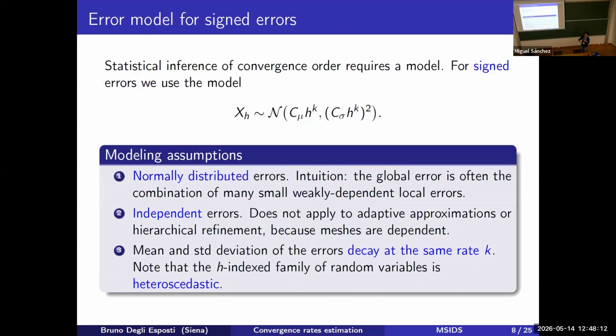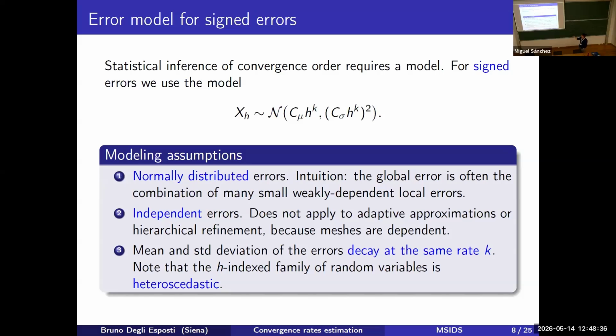Okay, but then we would get a very complicated model. And in practice, we observe k1 equal to k2. So we decided to adopt this simplified model with a normal distribution with mean C_mu h^k, and the variance is (C_sigma h^k) squared. So the standard deviation is C_sigma h^k.